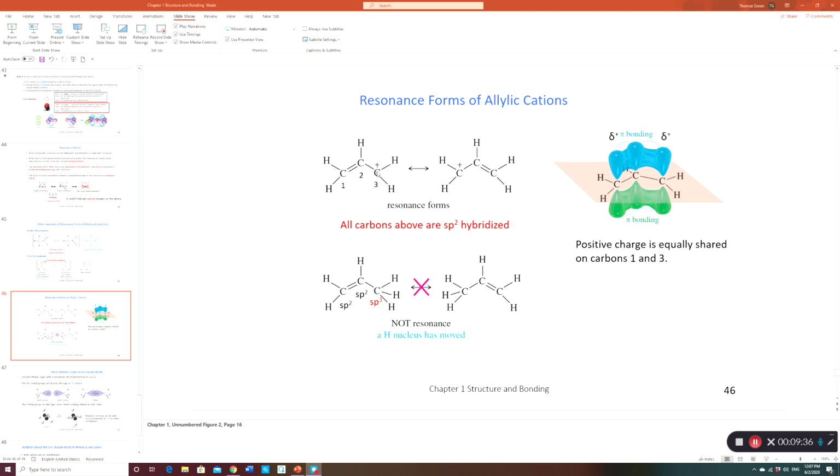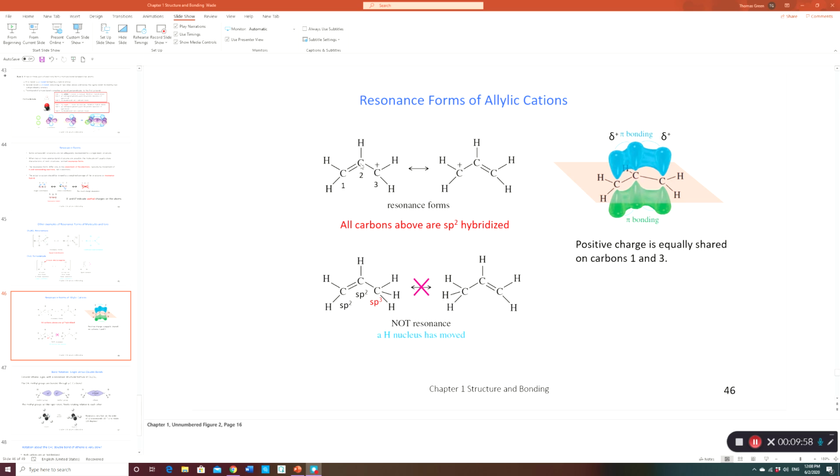There's 3 carbons. All of these carbons are actually sp2 hybridized in this case. So this first one and this second and the third are all sp2 hybridized. And you can see this over on the right, where you have trigonal planar geometry associated with each carbon.